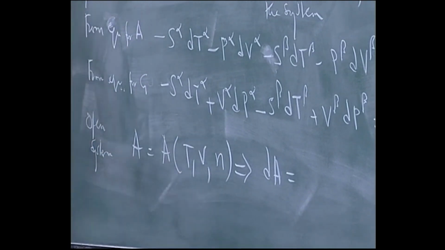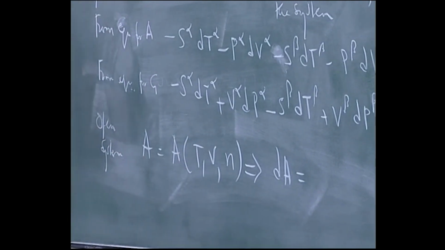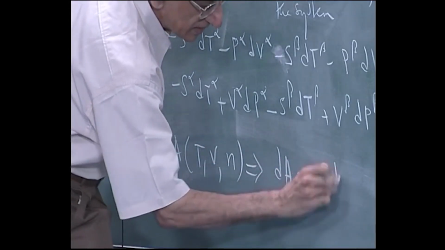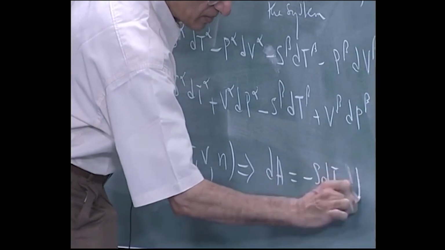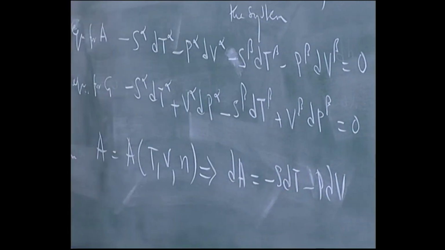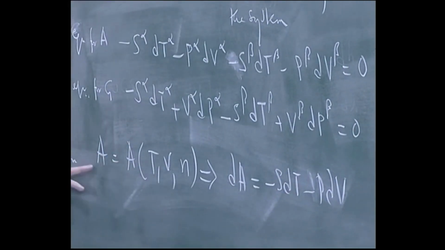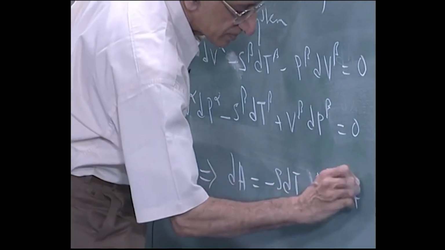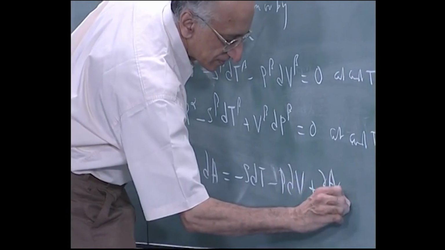If you hold N constant, you are talking of a system of fixed number of molecules. So this is still minus S dT, there is still a minus P dV, plus partial of A with respect to N dN.